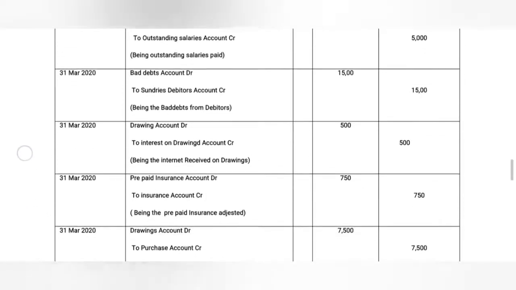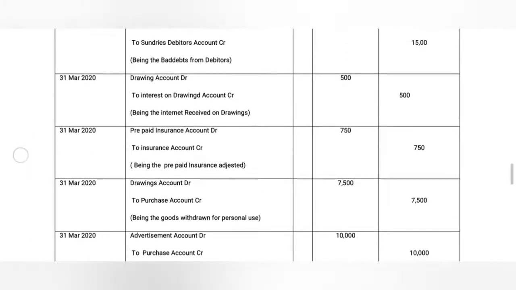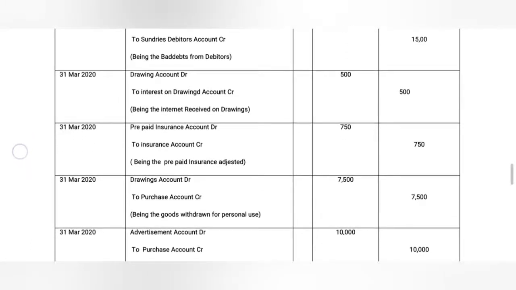Now we are going to bad debts. Here bad debts, where the amount of the debtors is decreased, that's the reason bad debts is debit and the sundry debtors account is credit. Now we are coming to drawings. Drawings is related to personal accounts, and also the interest on drawings is added with the drawings account, then it is paid in full to the business.